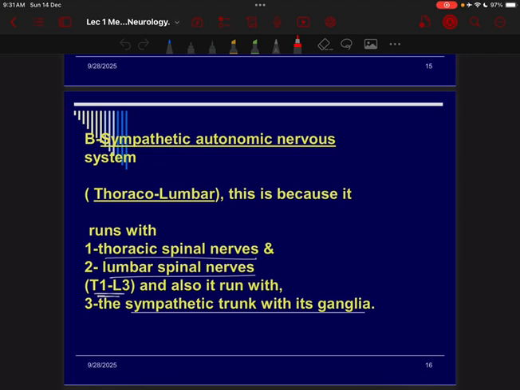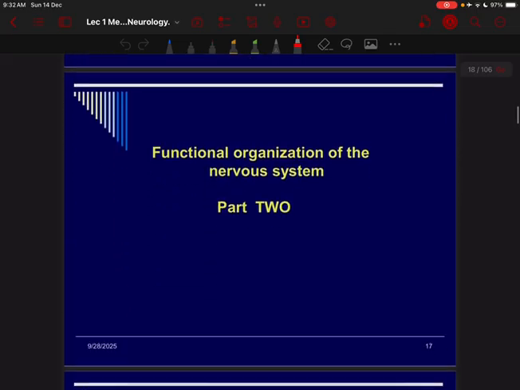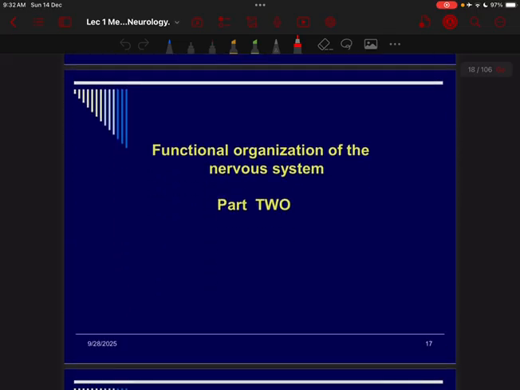What about the functional organization, the physiological organization? Because the nervous system has many functions: motor function, sensory function, visual function, and so on.